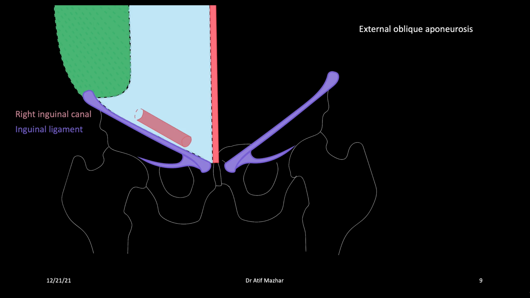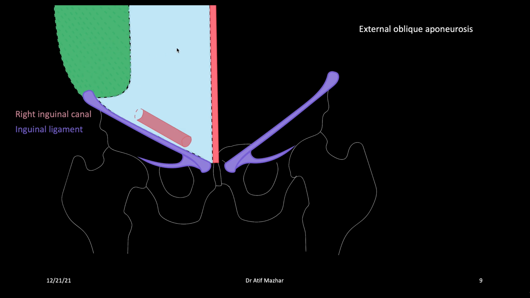This muscle is arranged obliquely. You can see these dotted lines in this green and white frame. So this is my external oblique muscle, and this white part is the aponeurotic part of my external oblique, and this green area is indicative of the fleshy, muscle part.